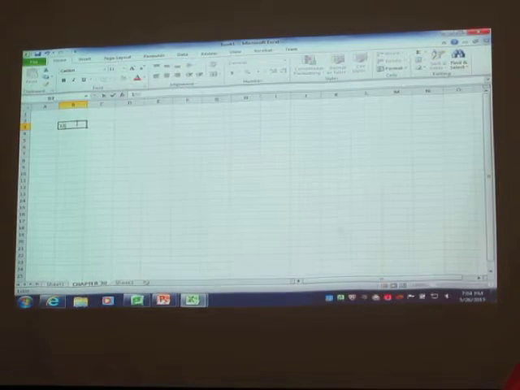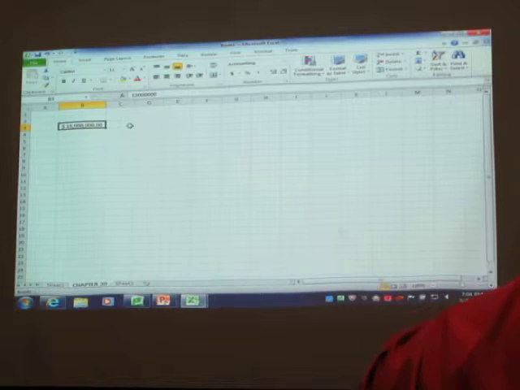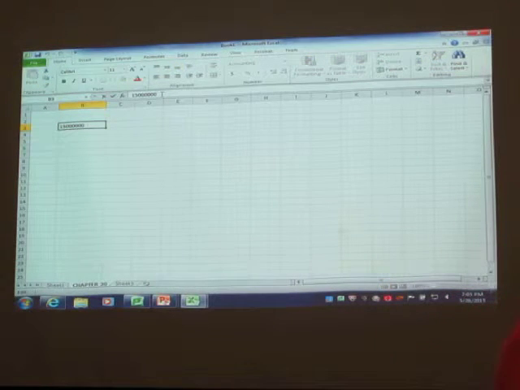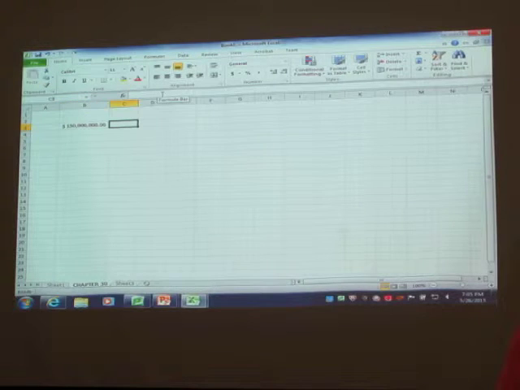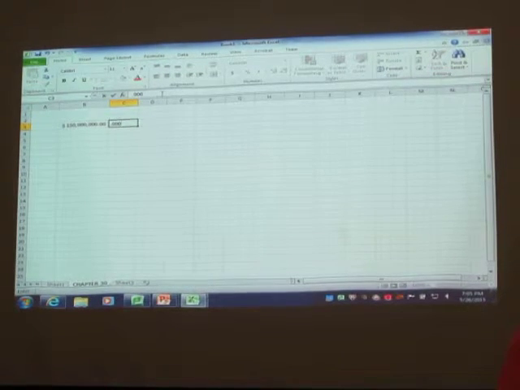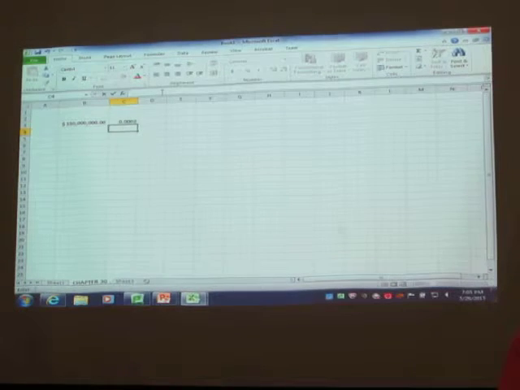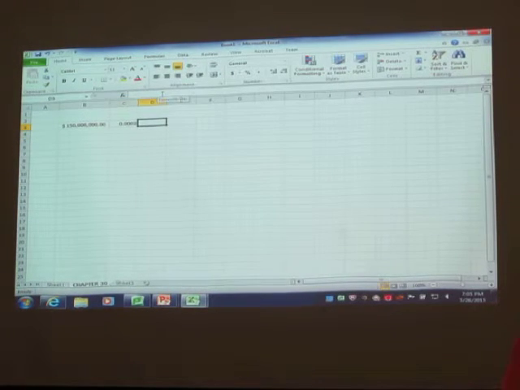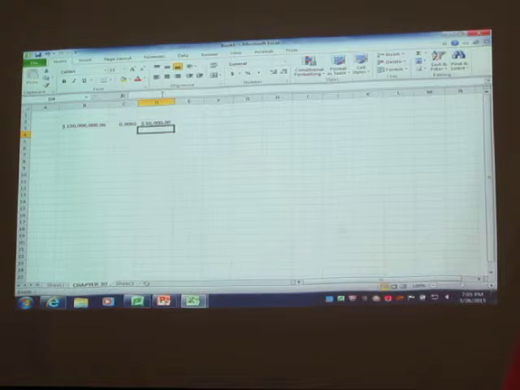Take the 150 million, and we'll do what with it? Multiply it by the chance of it happening, which was what? Now that's 0.02%, right? So that's 0.0002, the probability that it's going to happen. $30,000.